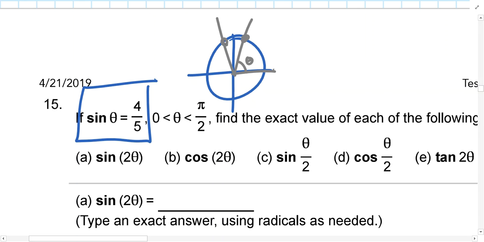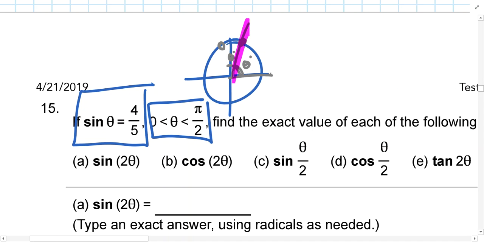So there are two positions inside the unit circle that would yield a y coordinate of 0.8. And so immediately we're being told that the angle theta, the unknown angle here, does exist between 0 and pi over 2 radians. So that throws this angle out right away, and we're dealing exclusively with this one.